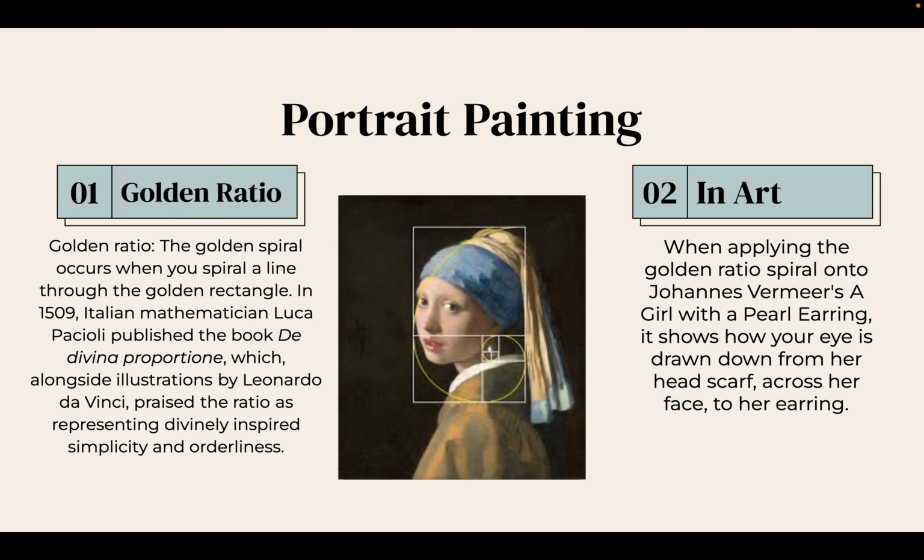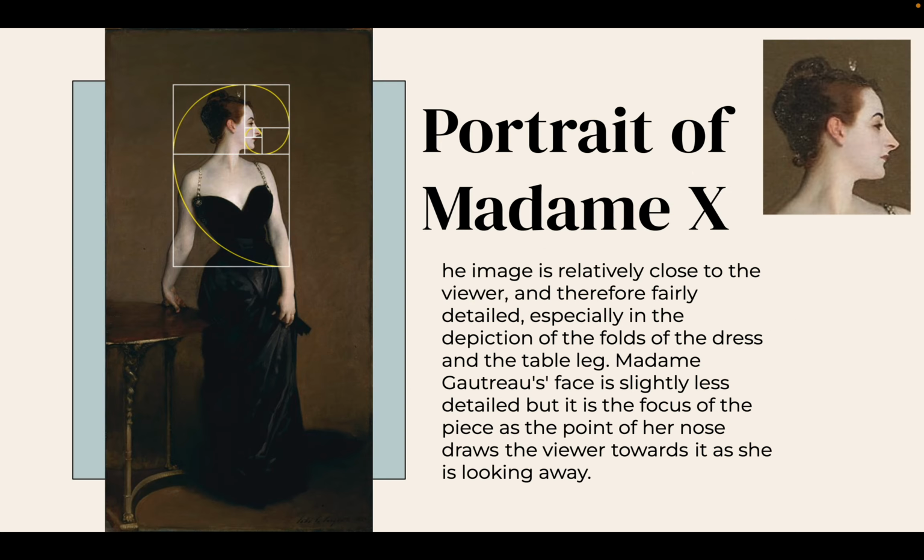Applied in art, as pictured here, when applying the golden ratio spiral onto Johannes Vermeer's A Girl with a Pearl Earring, it shows how your eye is drawn from the top of the headscarf down across her face, and the pearl earring is the focus of the piece. Through the spiral, you can see how your eyes move towards it.